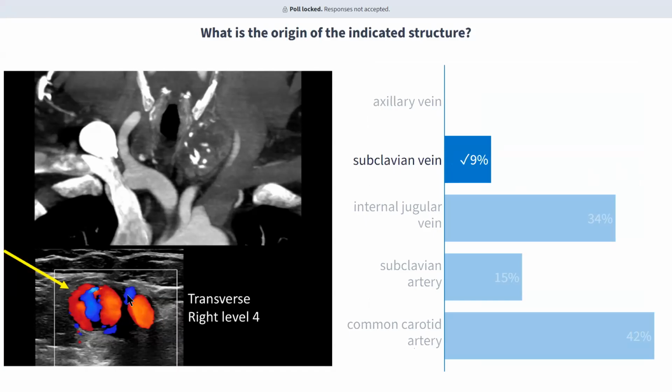On the transverse ultrasound image, you can see that this is the common carotid artery, and then this is internal jugular vein that's being kind of compressed by this more laterally located abnormality. And then on the CTA, this patient had a right arm contrast injection through the right upper extremity. So all the really dense contrast is still in this subclavian vein here, which turns into the brachiocephalic vein here.